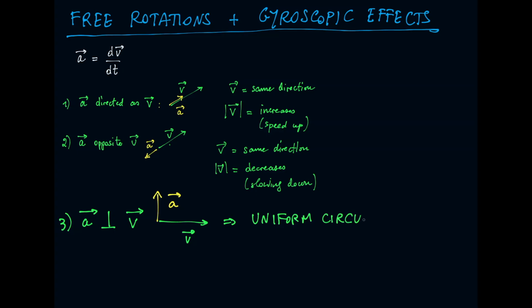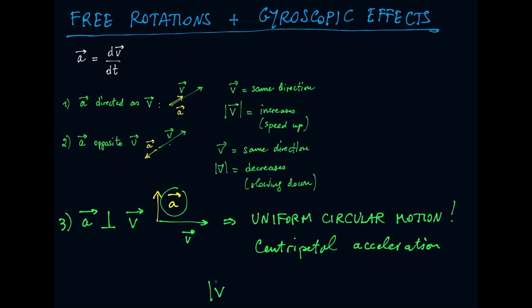This was one of the examples where this was precisely the situation, where this acceleration here is centripetal. Right? Now, what happens to v in that case? We actually had a constant speed and the direction, obviously, changes.